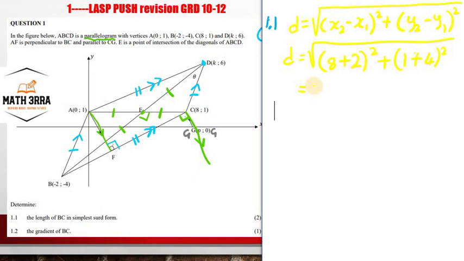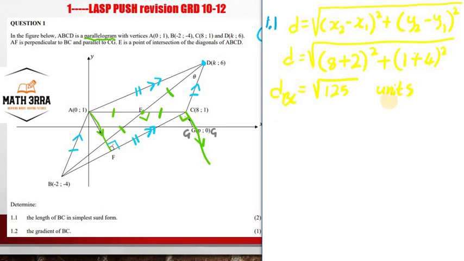Square root, they said in the simplest surd form. So the simplest surd form, it's root 125 what? Units. So the distance of BC is root 125 what? Units.